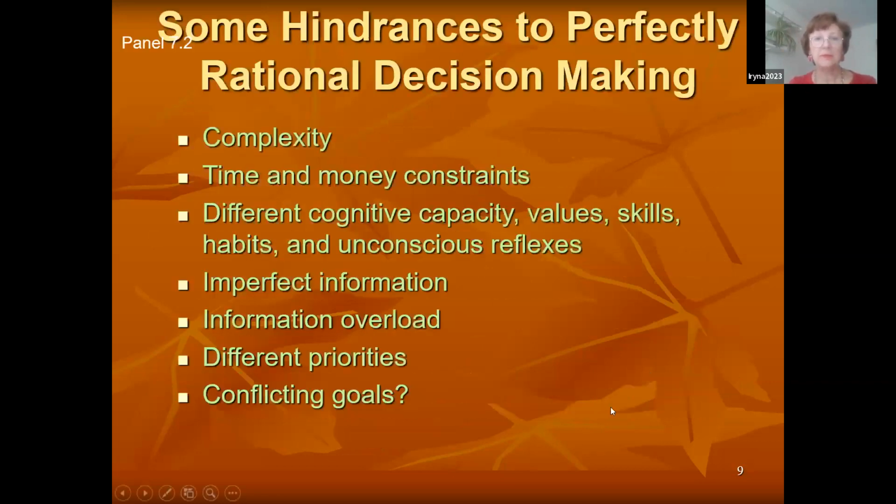And again, going back to rational decision making, we need to understand that because of the complexity of situations, because there are always some constraints, it can be time constraints or money constraints, and all of us have different cognitive capacity, different values, different skills, habits, and even our unconscious reflexes, something that we do without thinking.